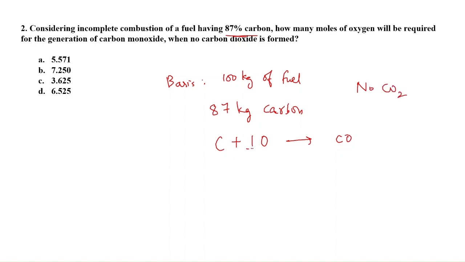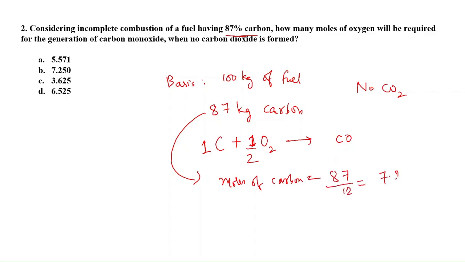Stoichiometrically, 1 mole of carbon and half mole of oxygen gives carbon monoxide. Moles of carbon present in the fuel: 87 by 12 is 7.25 moles.